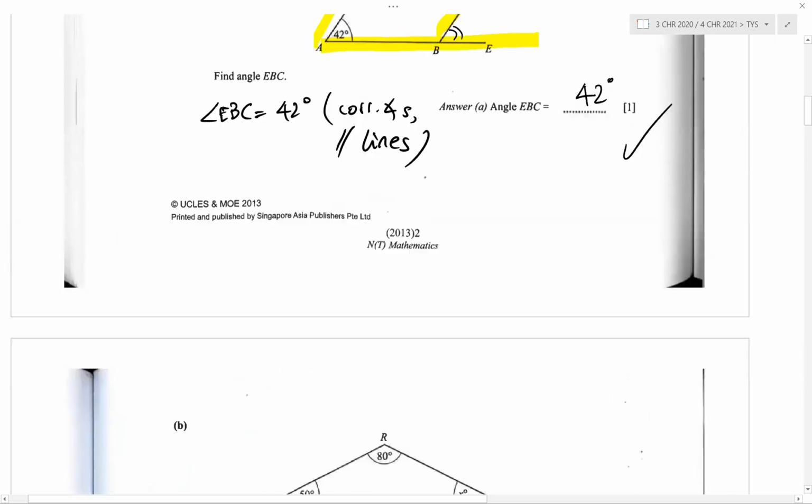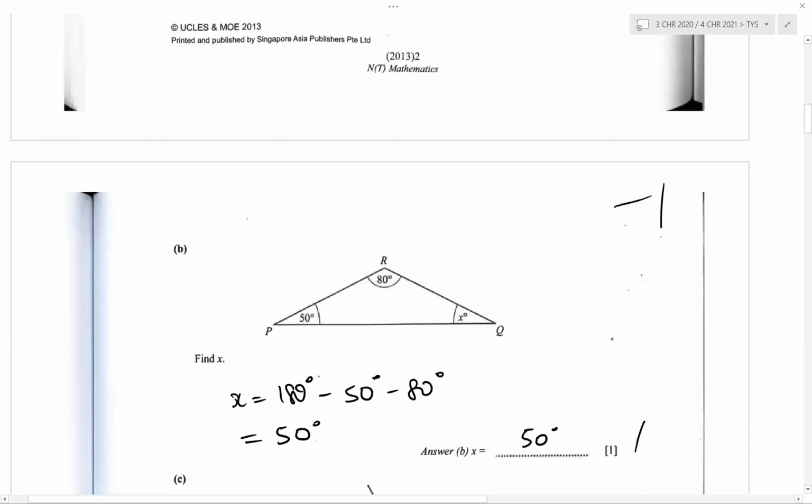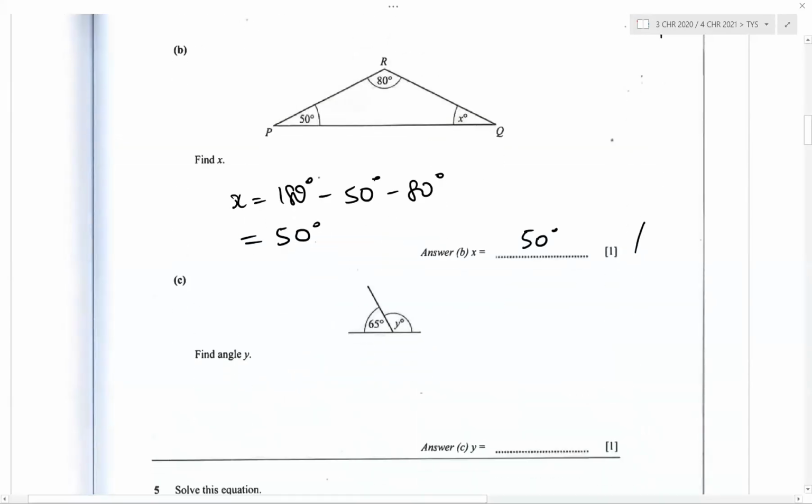If both never write reason, 1 mark here, 1 mark here, but overall minus 1 also. You try. Maybe I set 1 question only, then your 1 mark becomes 0 already. What if there's only 1 such question? Okay, up to you.